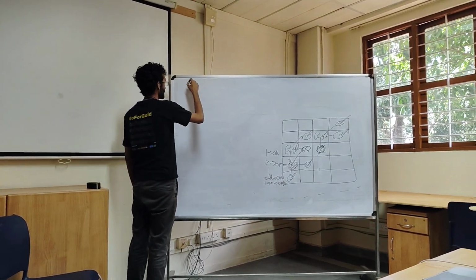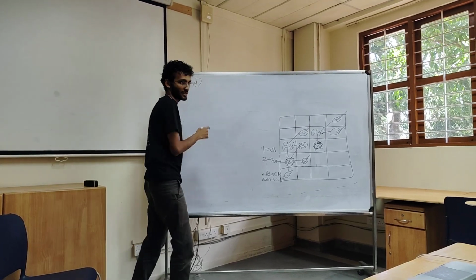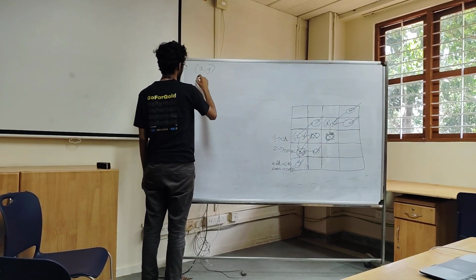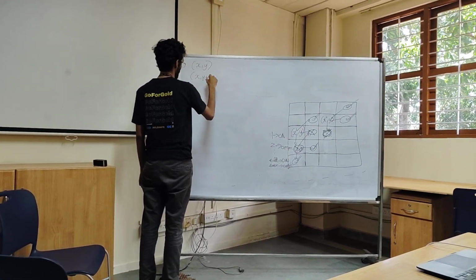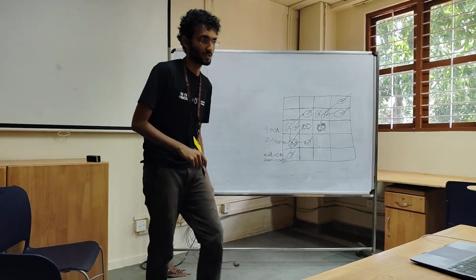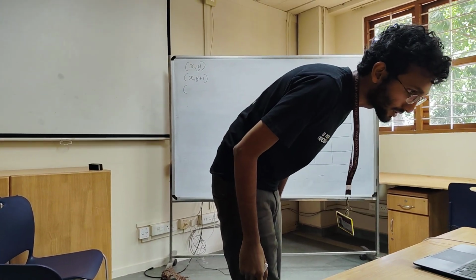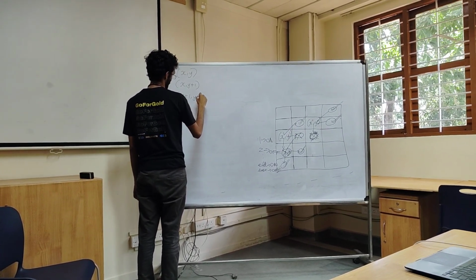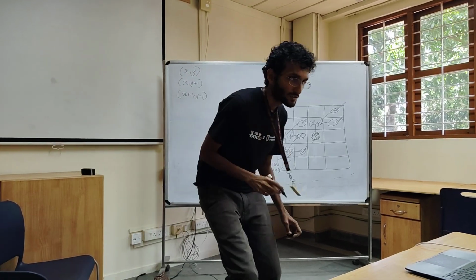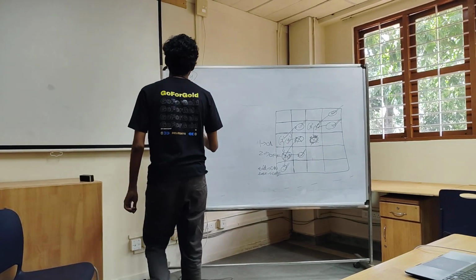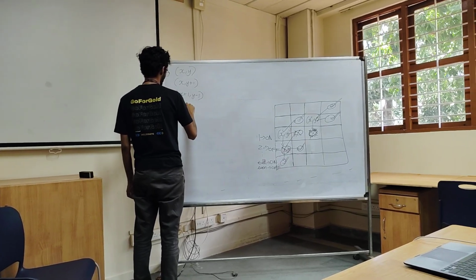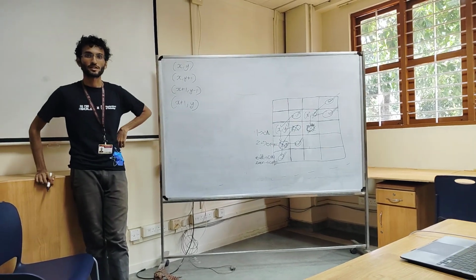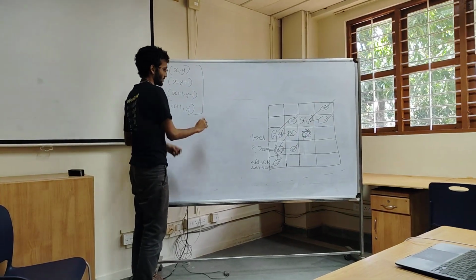First, the operation is on x comma y according to the question, and x comma y plus 1. Then x plus 1 comma y minus 1, and x plus 1 comma y. So these are the 4 operations which we can apply in this problem.